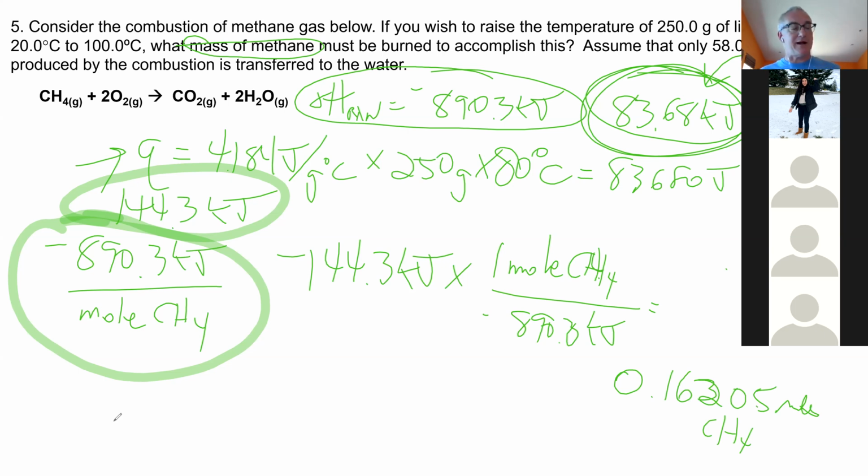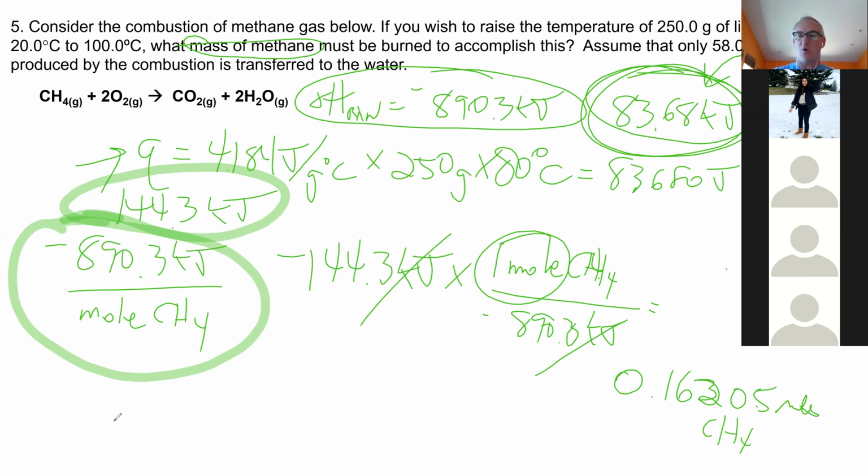And by God, I'm not going to do that for you at this point. You should be able to do that. Yeah, so just cancel kilojoules and you're left with moles. It's always the same trick I've been trying to teach you from the very beginning. What unit do you want? I'm going to put that unit on the top. What unit do I want to cancel? I'm going to put that on the bottom.